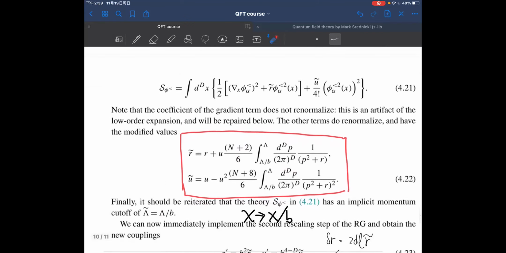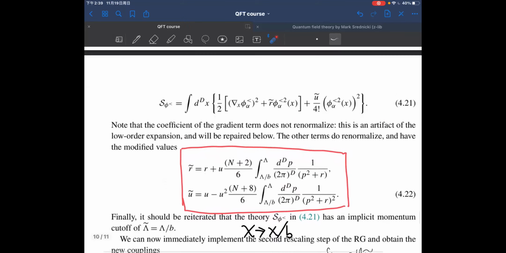Then you can see what is the new physics. The new physics with cutoff lambda over b has new parameters. The new parameters are related to the old ones by this formula.